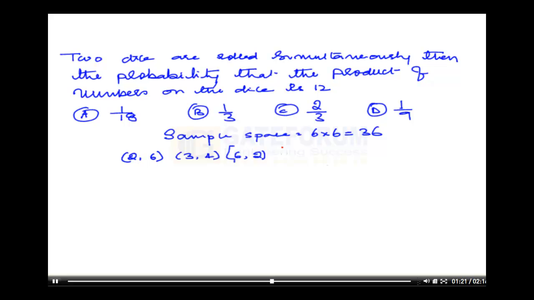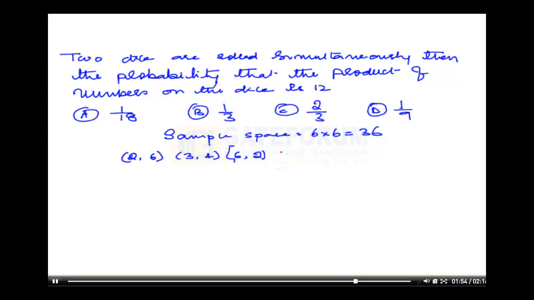So we have one more possibility where we can get 12.